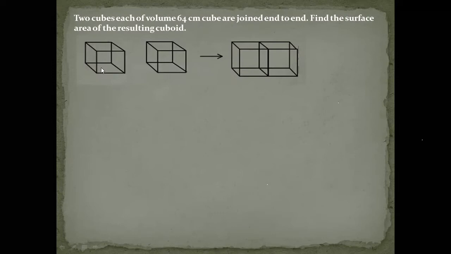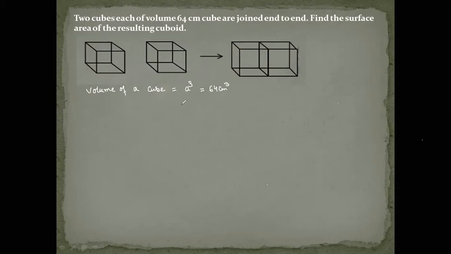One is the cube, so let us write the volume of a cube. What is the volume of a cube? That is a cube, and given is 64 centimeter cube.